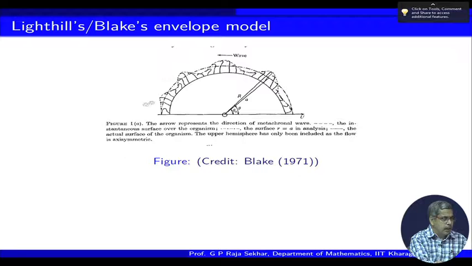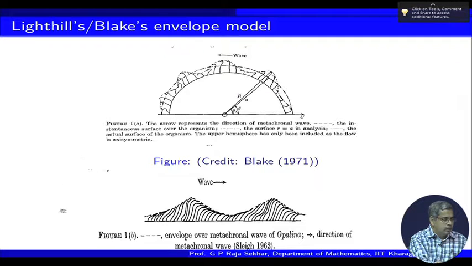So, that is the envelope. Okay. And this is the wave structure which you can see. So, for example, you take some threads like this, and then you apply some air, then you will see such a wave. Okay. So, this is a metachronal wave. So, basically this is driving the motion of the microorganism.